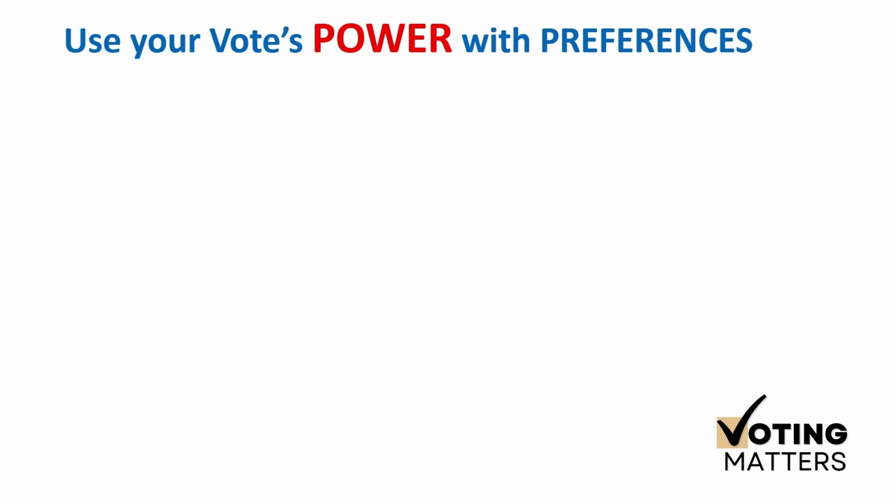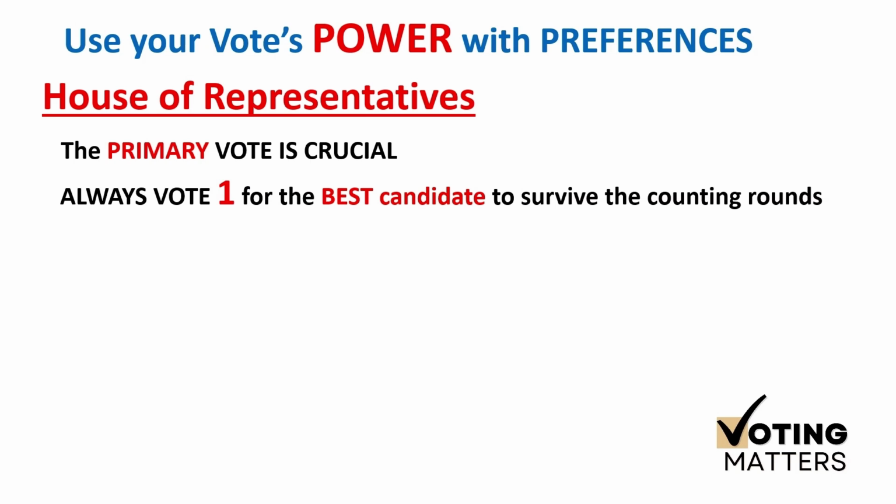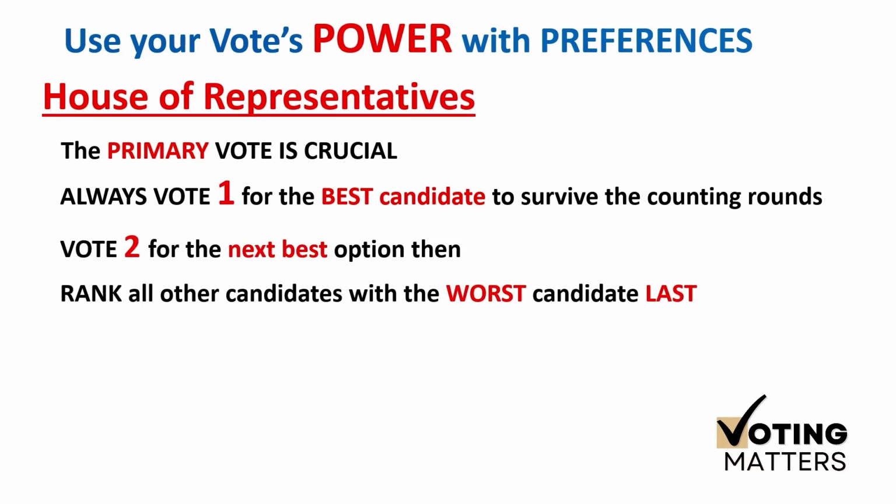To summarise, in the House of Representatives, the primary vote is crucial. You always vote number 1 for the best candidate, so they will survive the counting rounds. And vote number 2 for the next best option. Then rank all other candidates with the worst candidate last.